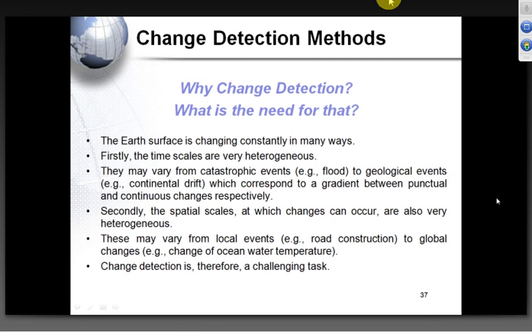So the question is, why change detection and what is the need for it? As you know, Earth's surface is changing constantly in many ways. There are two things to consider: one is time scales and another is spatial scales. Time scales means changes from catastrophic events to geological events. Catastrophic means earthquake, flood, these kinds of things, and geological means continental drift. These are very heterogeneous.